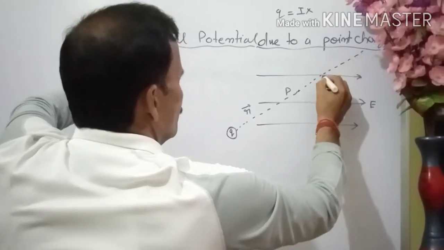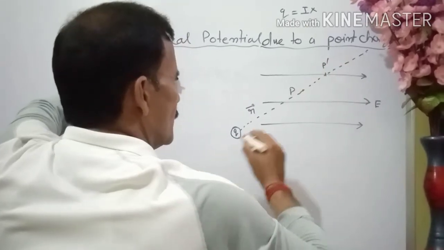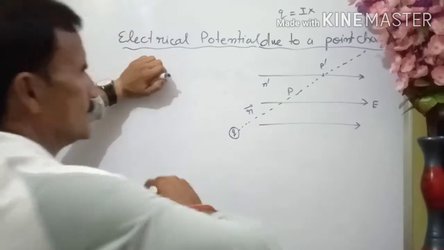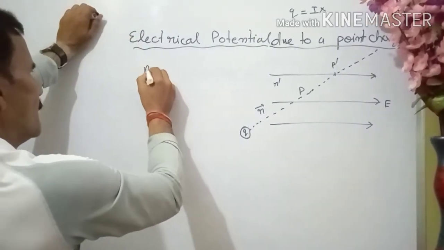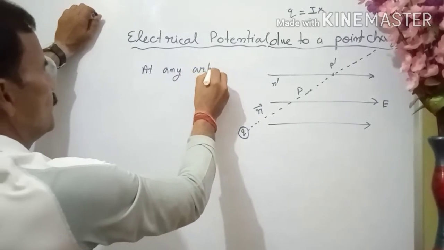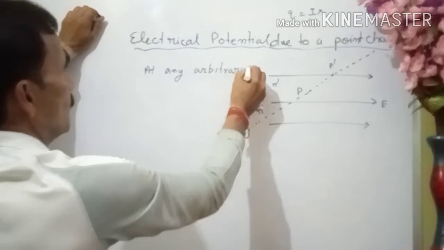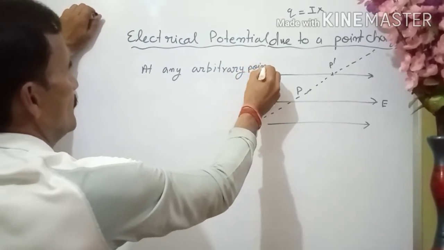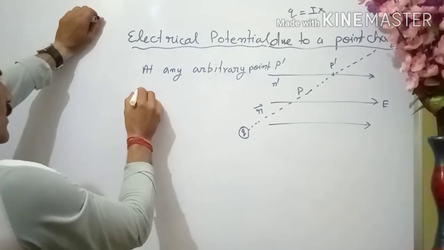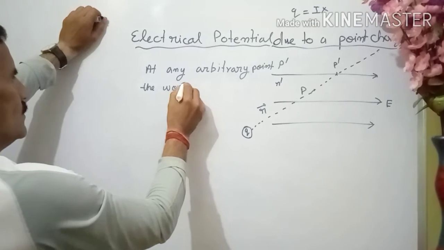And you don't know infinity, so take any arbitrary point P dash and suppose its distance is r dash. Then at this arbitrarily chosen point P dash, the work done is equal to how much?